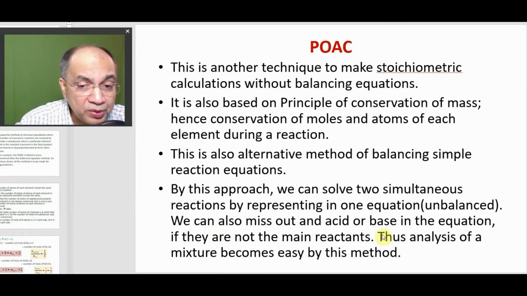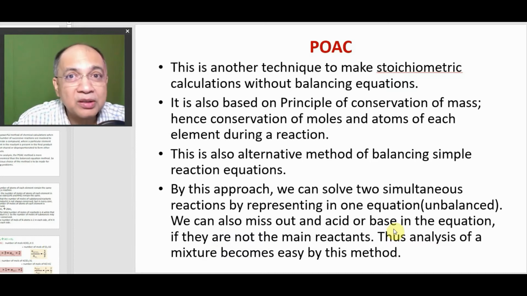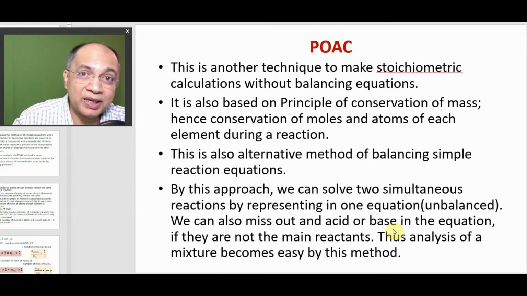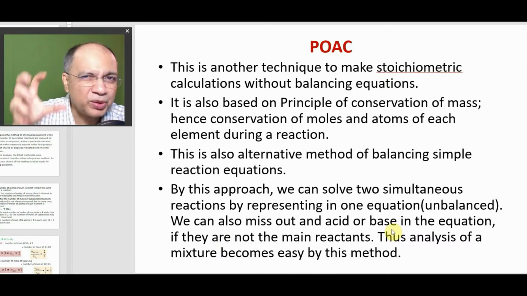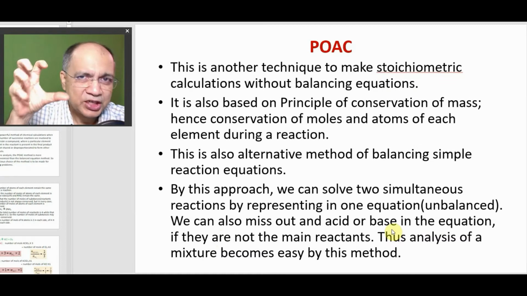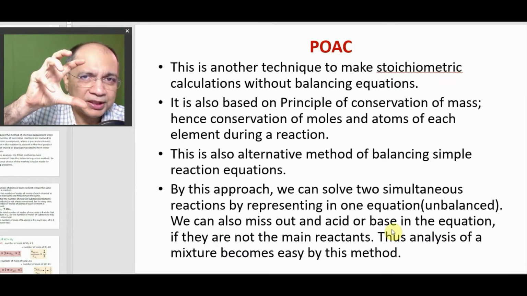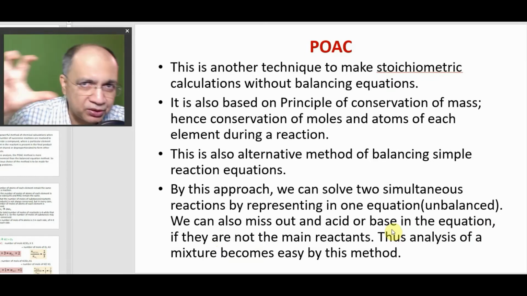And we can also miss out water, some H plus ion, OH minus ion, all these details we skip, not required, because we are basically interested to monitor the fate of a particular element.